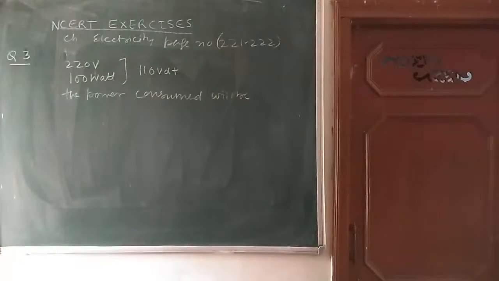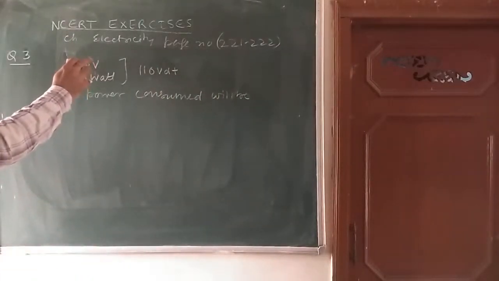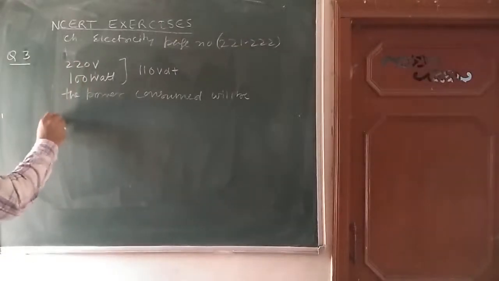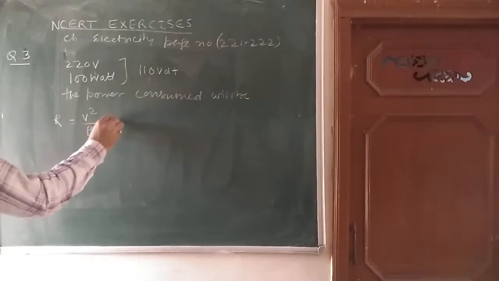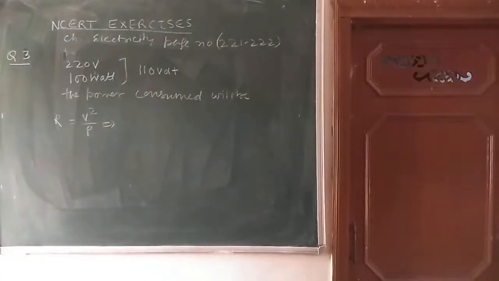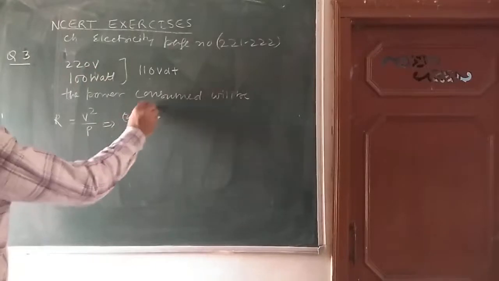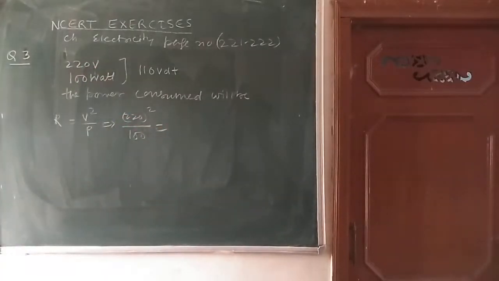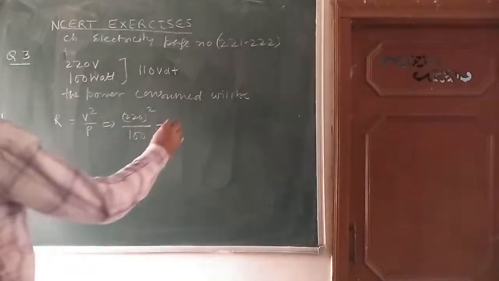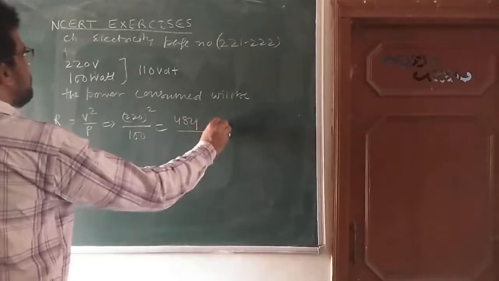So dear children, see that initially we can find out the resistance of the electric bulb. The formula is R is equal to V square by P. Put the value of V here, 220 whole square divided by P, which is 100. Solve it. Then you will get 484 ohm.